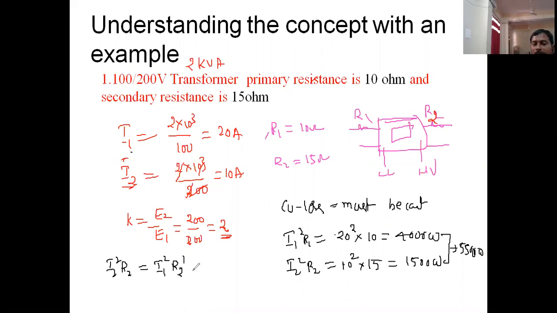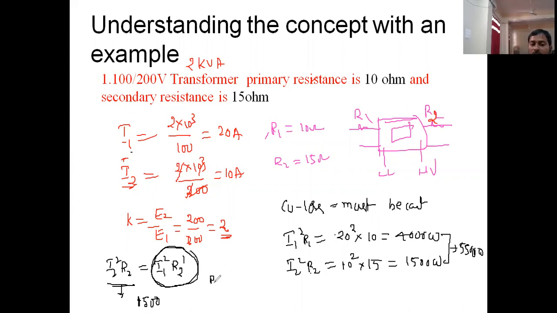This is our condition. I2 square R2 is equal to 1500 according to this, and this value must also be equal to 1500.